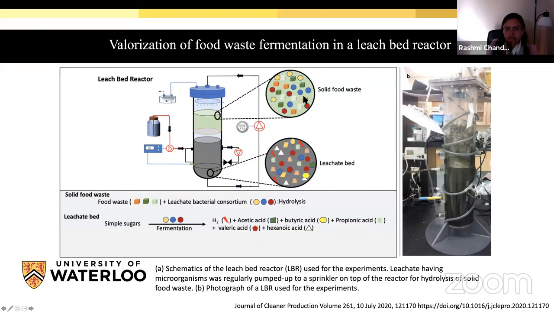At the top is the solid food waste, and the bottom is the leachate bed, which has the whole microbial population cocktail, and microbial degradation actually takes place in both places. But the major objective is to decrease the solid content. The biochemical process is as simple as normal fermentation.